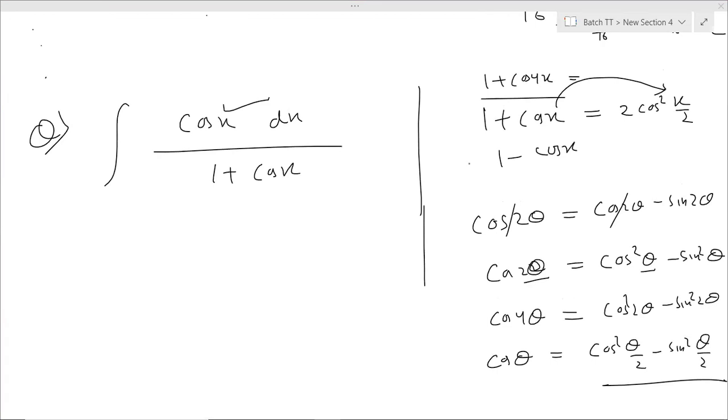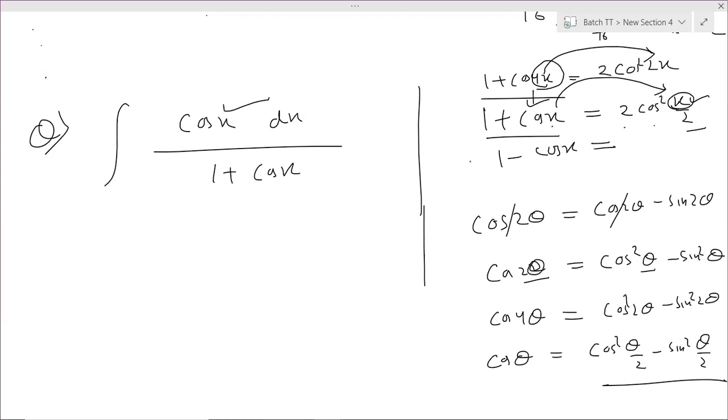See, if we have 1 plus cos x, we write it as 2 cos square x by 2. So what changed here? Everything is same, just x is written as 4x. So 4x by 2 is 2x. So this formula will be 2 cos square 2x. 4x becomes 2x. So if I had 8x, that will become 4x. Half the angle. Just divide the angle by 2. All right.